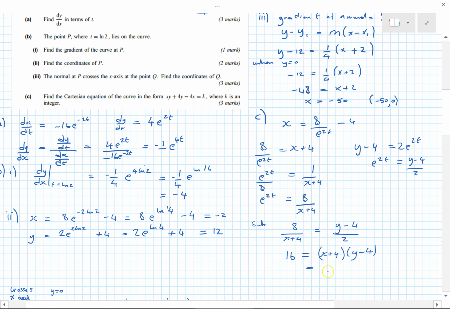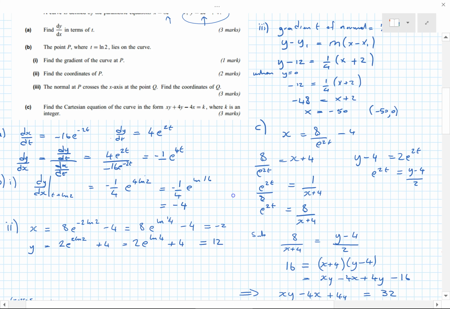But a few people rushed it here at this point and thought, oh joy, I've got there, and just wrote k as 16, and it's not, because when we multiply this out, we get xy minus 4x plus 4y, but we also get minus 16. So that means that we can say, swapping it around a bit, xy minus 4x plus 4y equals 32.